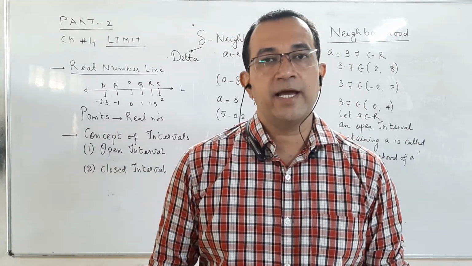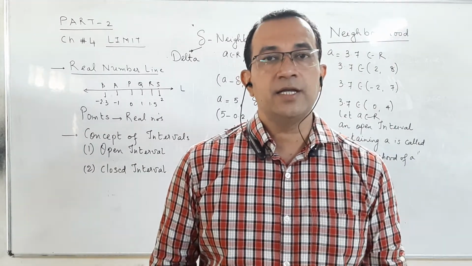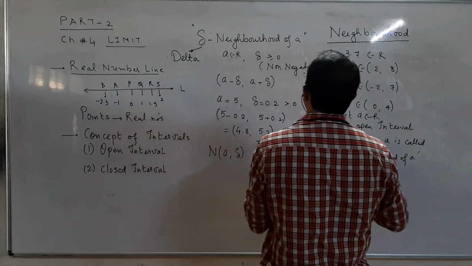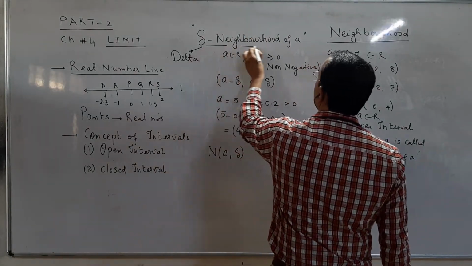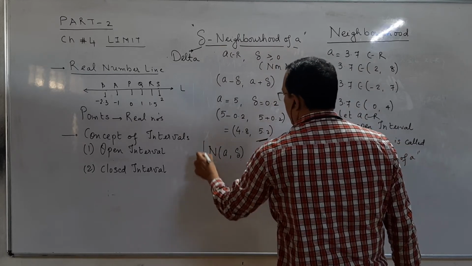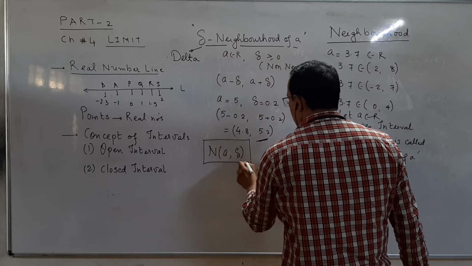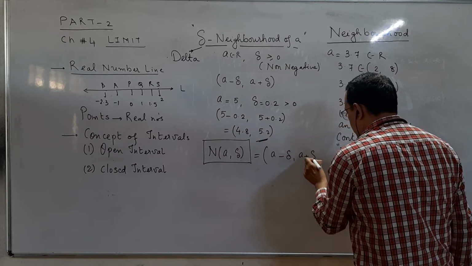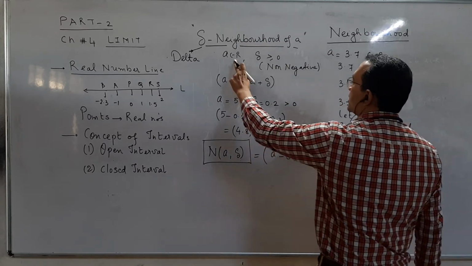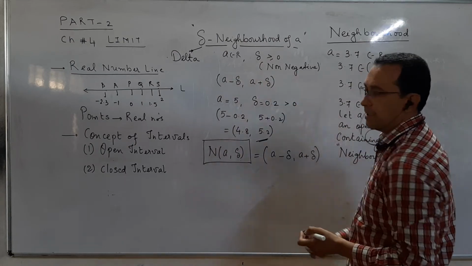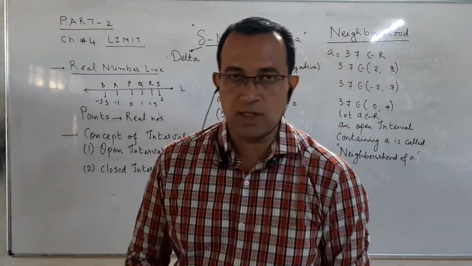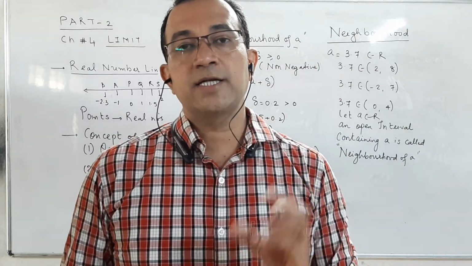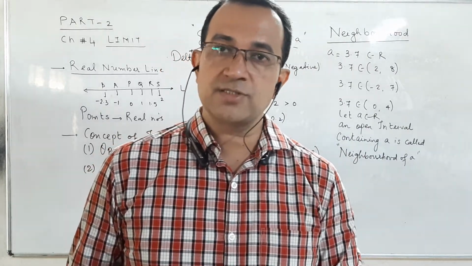This is read as delta neighborhood of A. The notation form of delta neighborhood of A is N(A, delta), and that is nothing but the open interval A minus delta to A plus delta. Of course, A is a real number and delta, students, is a non-negative real number. Delta is always in terms of distance.